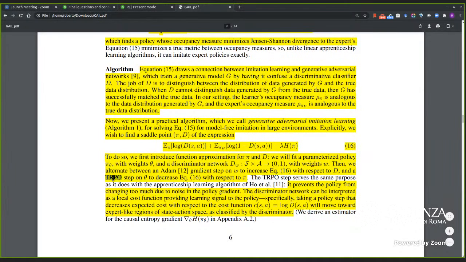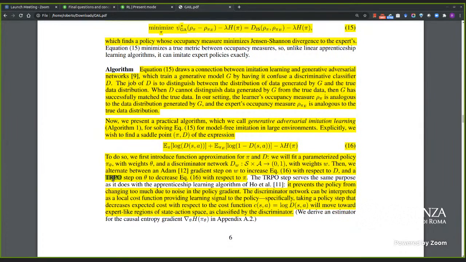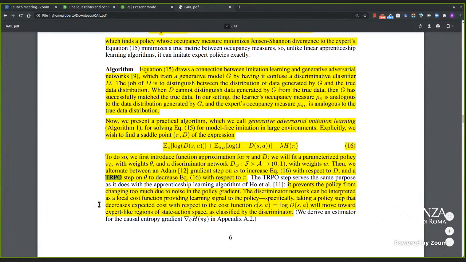So TRPO, you have seen that already, mentioned last week when we were looking at PPO. TRPO is the trust region policy optimization algorithm, where we're basically doing similar things to what we have seen for PPO. We're trying during the optimization to not change the policy too much in the gradient steps. So TRPO prevents the policy from changing too much due to noise in the policy gradient.